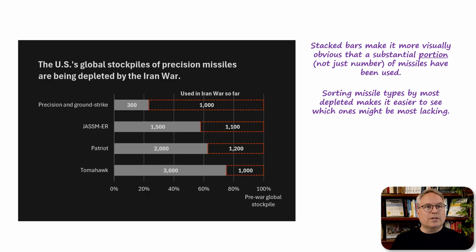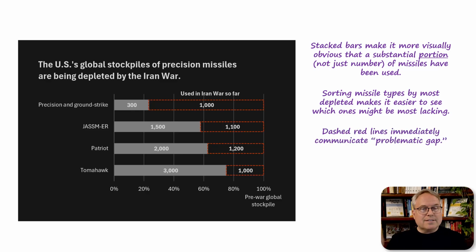I also sorted the missile types from the ones that have been most depleted at the top to the types that have been less depleted at the bottom. And those dashed lines around the used missile segments really communicate that this is the problem, the fact that now there is a big gap in the stockpiles.